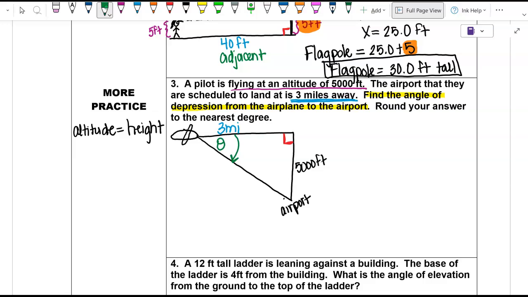We have miles and feet. I can't solve a problem in 2 different units of measure. So I need to convert my miles to feet before I start doing this calculation. So I need to know how many feet are in 1 mile. Anybody know that conversion?